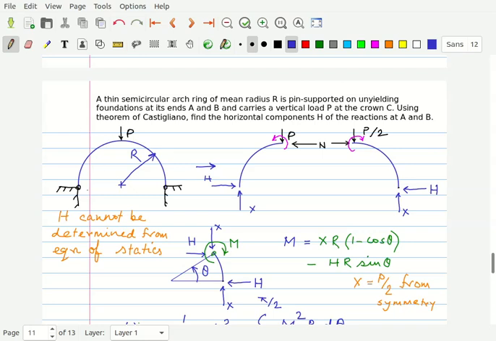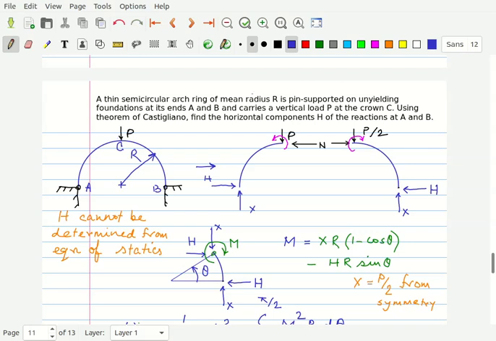So this is pin supported at unyielding foundations at A and B. Unyielding means rigid foundations at its ends A and B, and carries a vertical load P at the crown C. So this is the crown C, and at the crown C there is a vertical downward load P. So using the theorem of Castigliano, find the horizontal component H of the reactions at A and B.